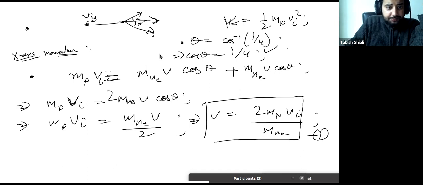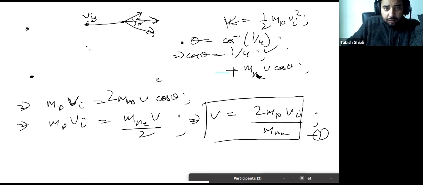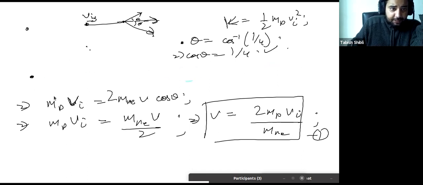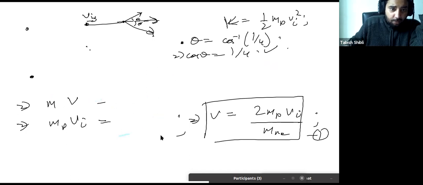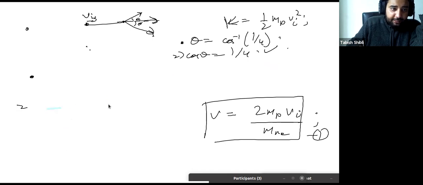Let's rub the remaining. So the momentums are done. So now you have how many equations and how many variables? You have 3 equations and 3 variables. One variable you already removed, which was variable V2 in the kinetic energy equation. Kinetic energy equation, let's write that down again.